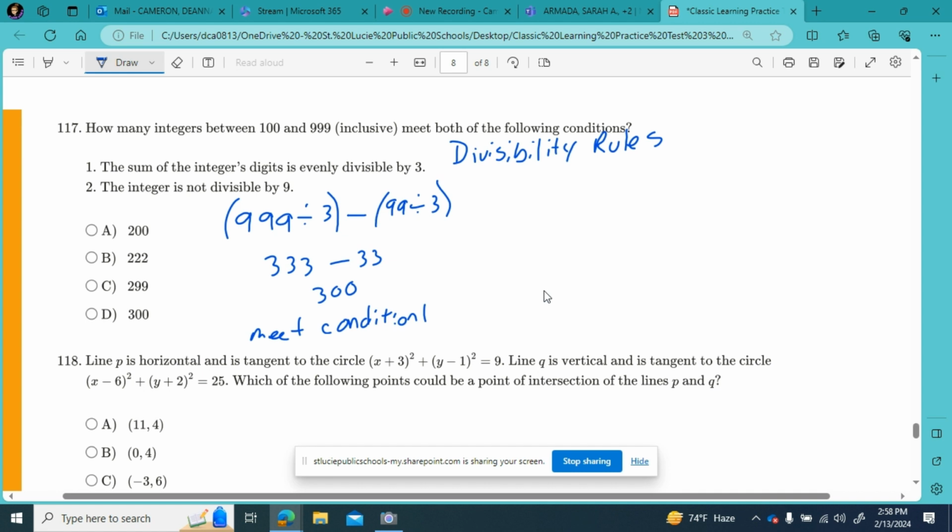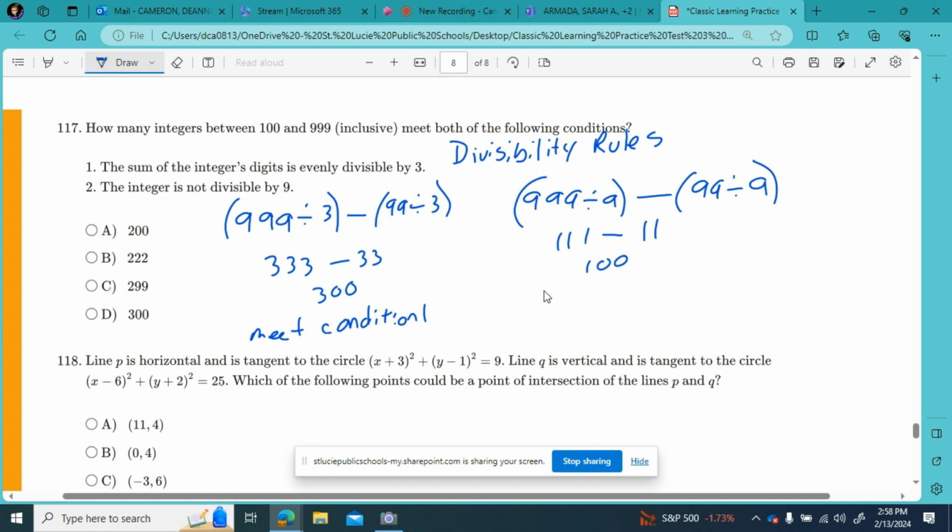But then we need to take out our numbers that are divisible by 9. So we're going to say 999 divided by 9, and then take away the numbers 1 through 99 that are divisible by 9. So that'd be 111 minus 11, which is 100.